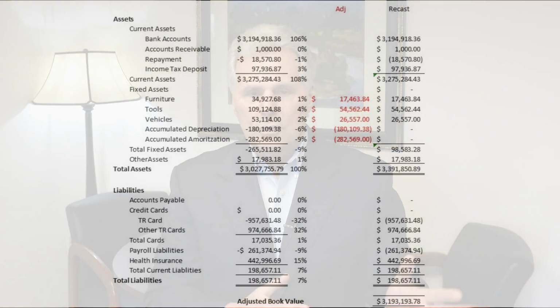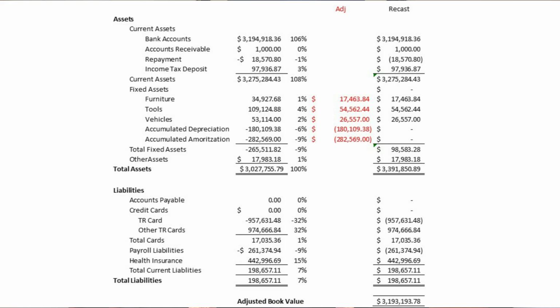So we take the assets, we remove the excess cash or current assets from the business, we mark to market all of the assets. So if your equipment and machinery that you purchased for $1 million is now worth $500,000, we make those adjustments, remove amortization, depreciation, and any other items that really, if you sold the assets of the company, what would you get for them?